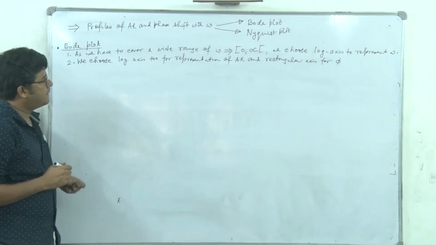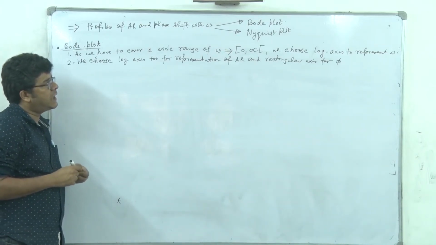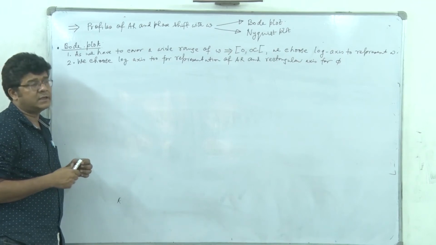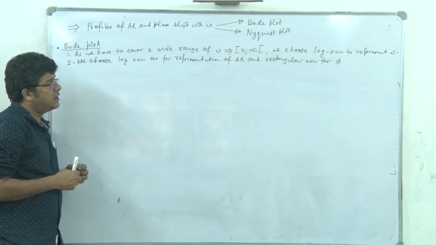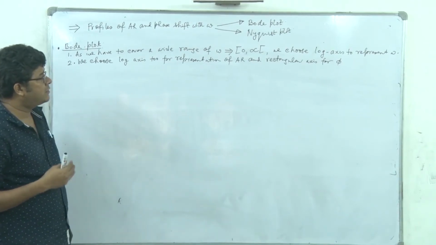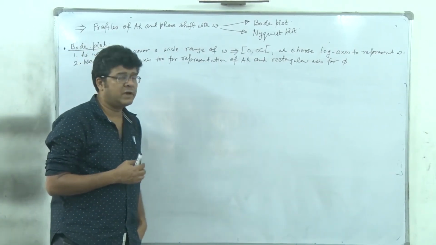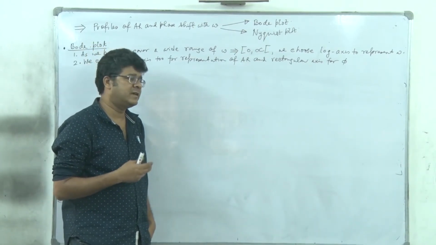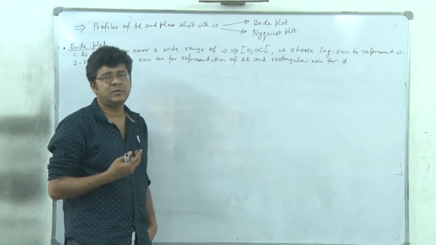Now see, think of a time where we don't have computational facilities. We don't have software like Excel. So the calculations of the amplitude ratio and φ values, which may include transcendental and nonlinear functions, were not so easy.